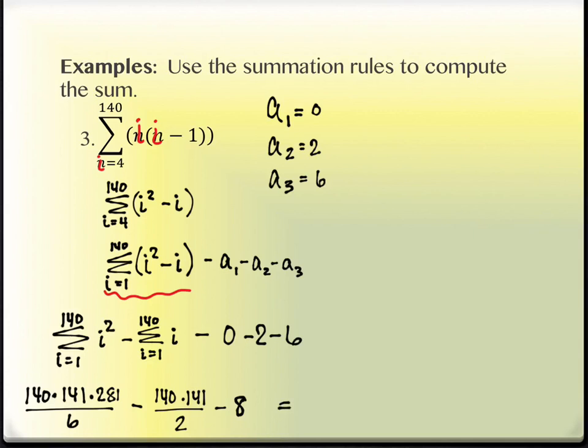All right, so go ahead, use your calculator, because now you don't want to do that in your head, probably. 140 times 141 times 281 divided by 6, minus 140 times 141 divided by 2, minus 8. What will that give you?